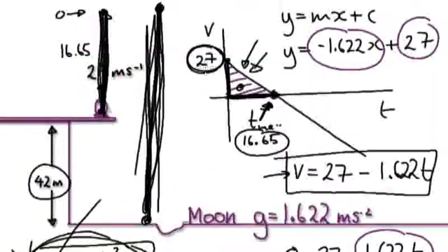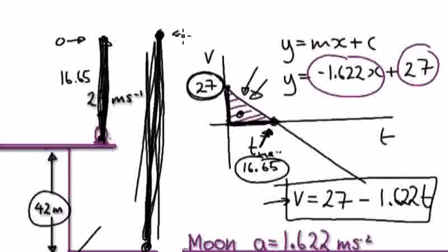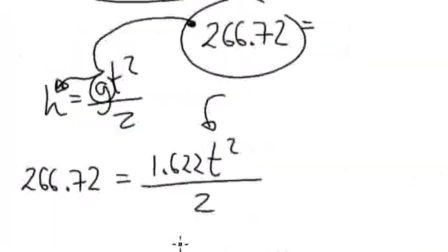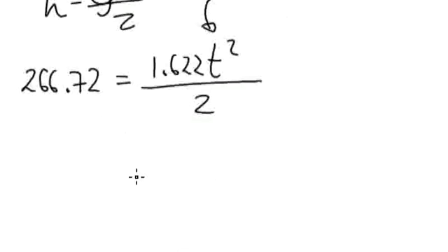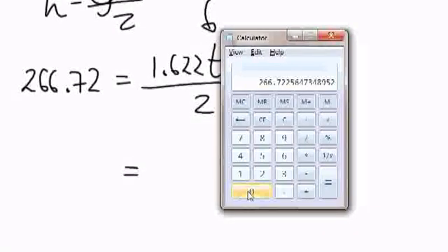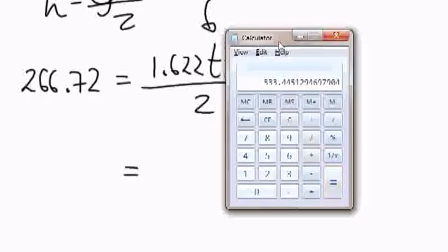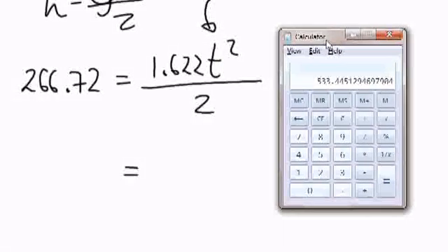Once you've got t, it represents the total flight time from here down to here. So let's work out t. Times both sides by 2 equals this, and then divide both sides by 1.622 equals this.